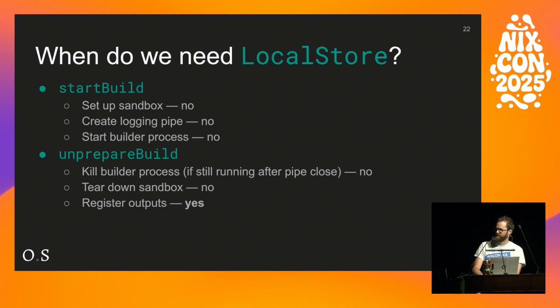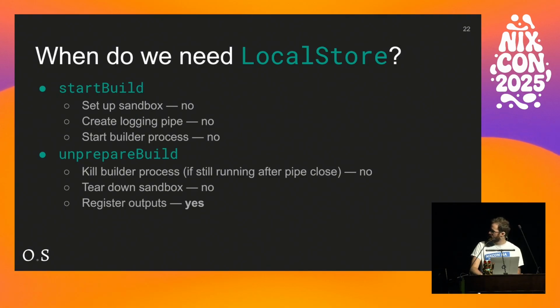Starting the builder process, also. Killing everything, again. Tearing down the sandbox, again. It's only register outputs where we actually need to interface with the store, because we're trying to tell the store about the data we left behind. And that is an intrinsic dependency. If we're trying to register things with the store, we need the store by definition.